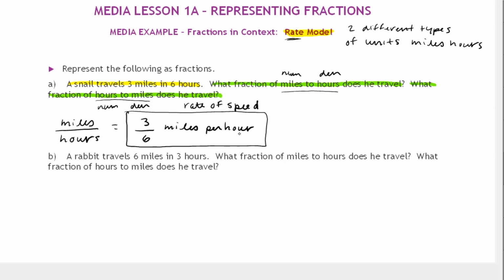Now let's look at the fraction of hours to miles. If we write the hours to miles, that would be 6 hours in 3 miles. So we'd say 6/3 hours per mile.